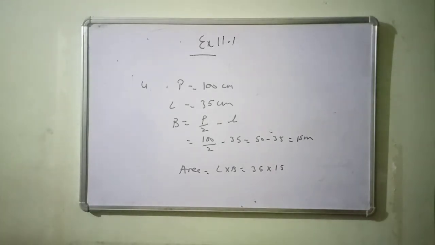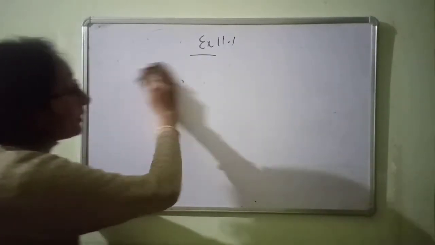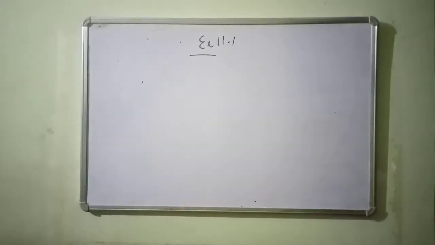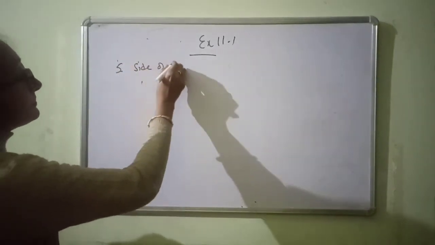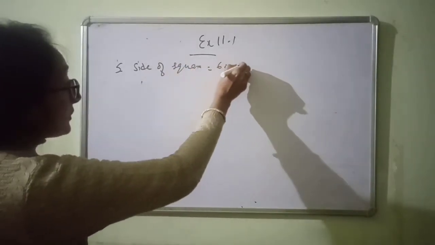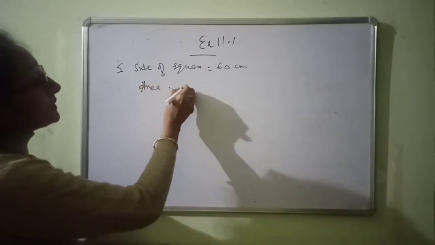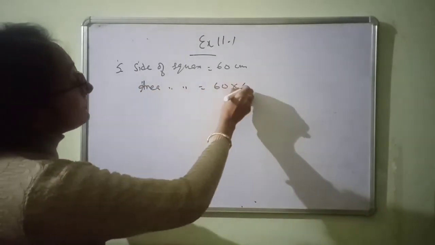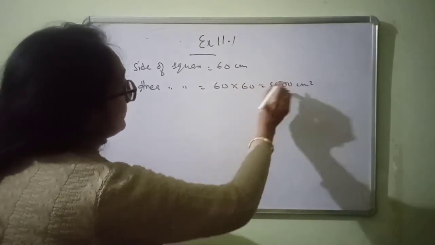Now question number 5. The area of the square is equal to the area of a rectangular park if the side of the square is 60 centimeters. So we can find the area of the park. Area of the square park will be 60 into 60, 3600 centimeter square. Okay.